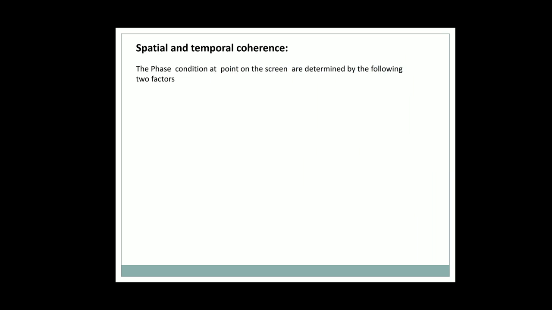And also, two more concepts are required to observe the interference, that is, spatial coherence and temporal coherence. The phase condition at a point on the screen is determined by the following two factors. One is the phase condition of the two sources, and the second one is the phase condition developed during their journey towards the point of superposition.